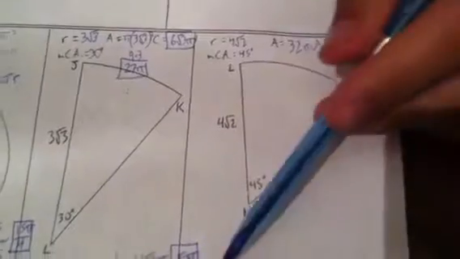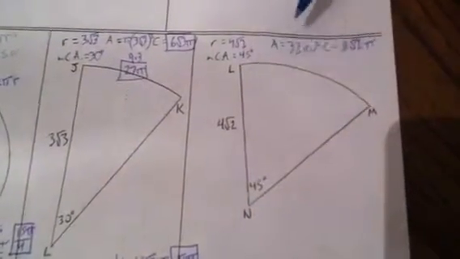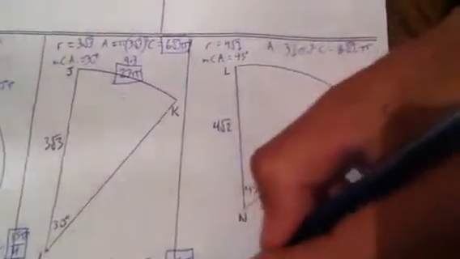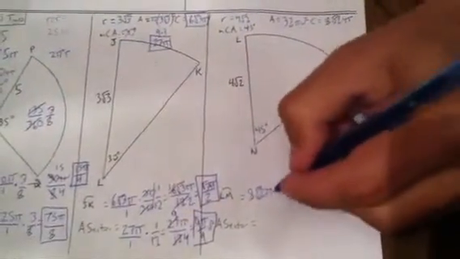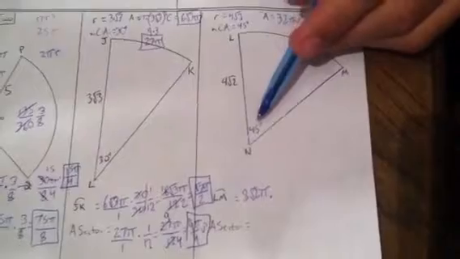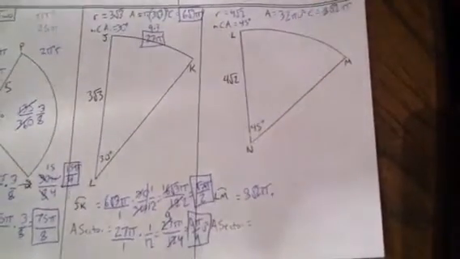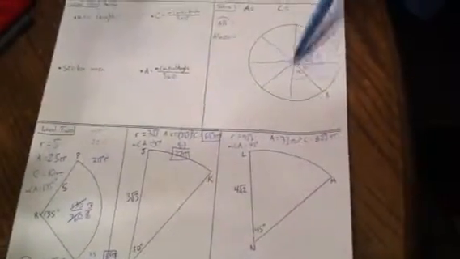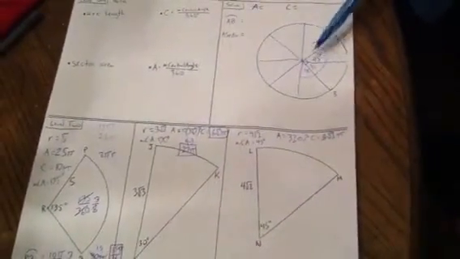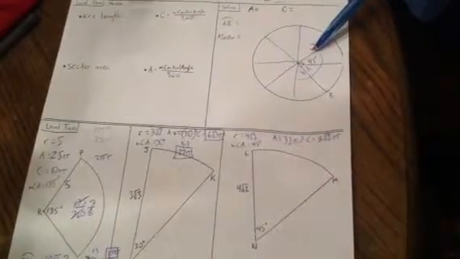So in order to find the arc length, it's going to be the circumference, 8 square root of 2 pi, times 45 over 360. Now if we look back to here, we can remember that 45 is half of 90. In other words, half of 1/4 of a circle, or another way of looking at it, 1/8 of a circle.